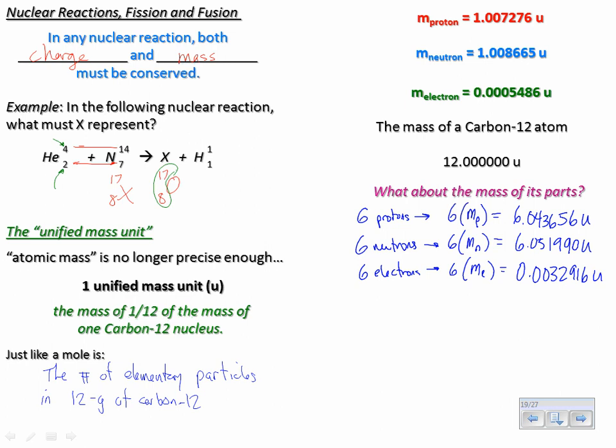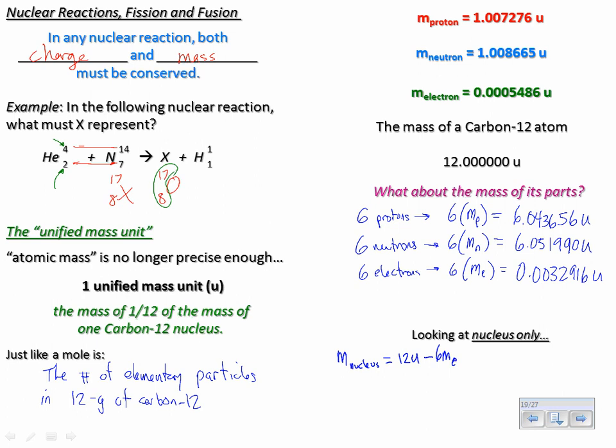Right? And the part that we really need to focus on is really the nucleus only. So if we did the mass of the nucleus, I'm going to say it's that 12 unified mass units minus the mass of the electrons. Really I'll do it like that, because there are 6 electrons.